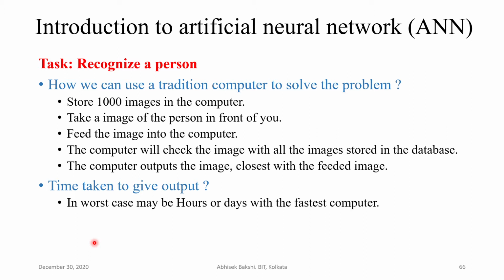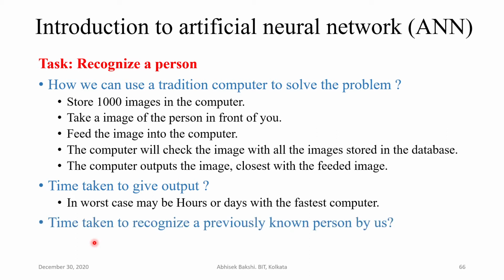But an interesting question is, what is the time taken by a normal person like us? Suppose you have previously known the person, or maybe you had some idea. How much time will it take you? Surprisingly, it is a couple of seconds, right? It is a couple of seconds.